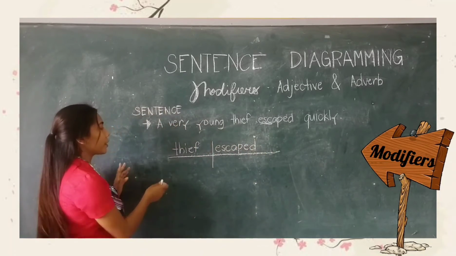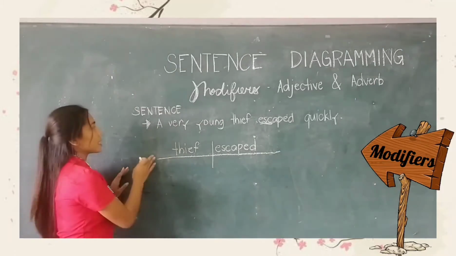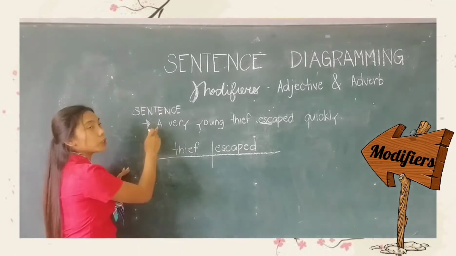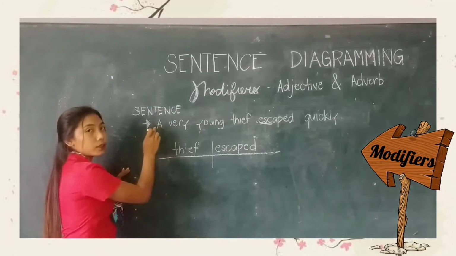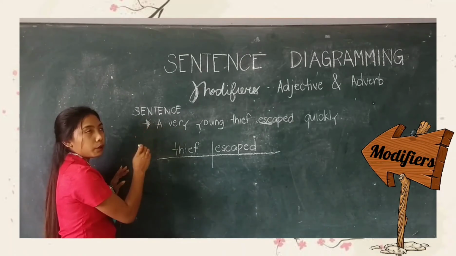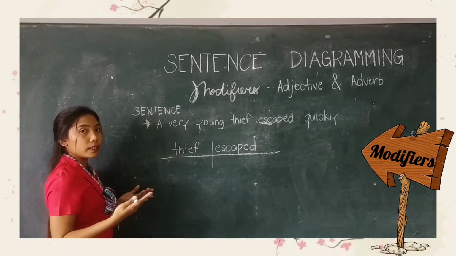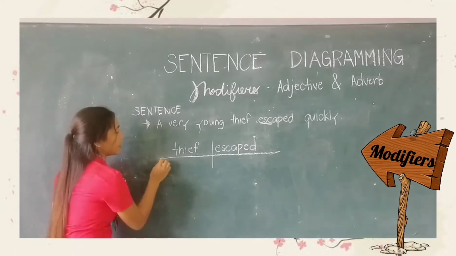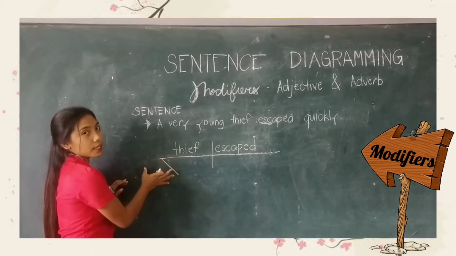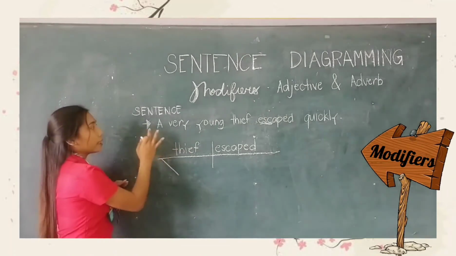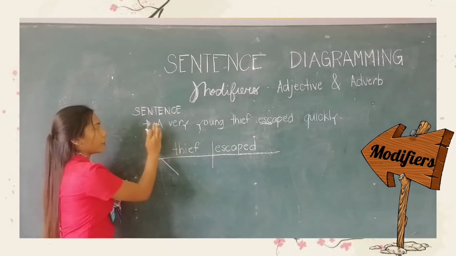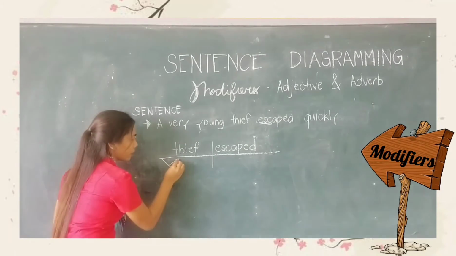So as part of diagramming also, of course, we have to write the word a, or just like the articles, under the word they modify. So we have to write A here.